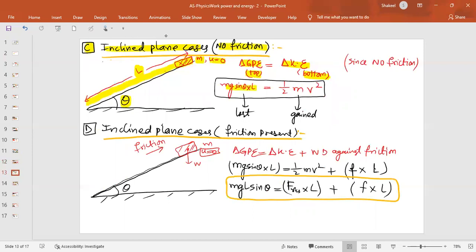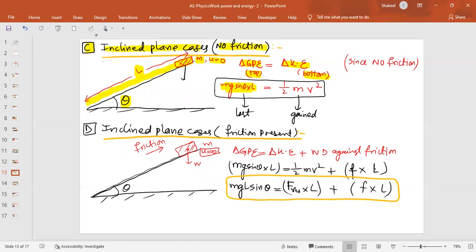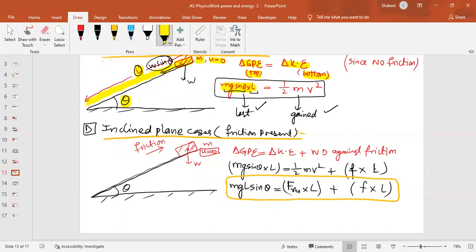So GPE is mg sine theta into L; it is like the component of weight down the slope times distance, which is work done. If W is the weight, when you resolve it, the component of weight down the slope is W sine theta, and the distance moved is L. That's why it is mg sine theta into L. And the kinetic energy is half mv squared. So GPE is lost and kinetic energy is gained.